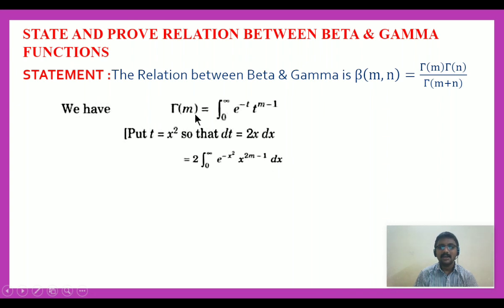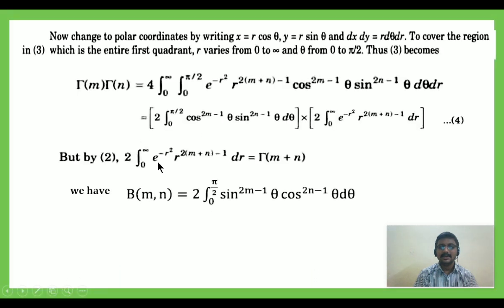In this, we just have to replace m with m plus n and x with r. So the value of e power minus r square, r power 2 into m plus n minus 1 dr is gamma of m plus n.